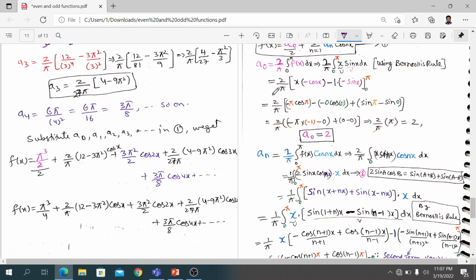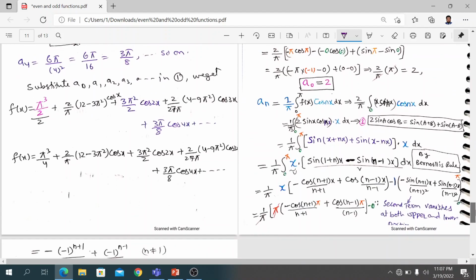Now upper limit minus lower limit: minus pi cos pi minus minus 0 cos 0, plus minus into minus plus sin pi minus sin 0. So 2 by pi times minus pi, what is cos pi? We know it is minus 1. 0 into something is 0, sin 0 is 0, all are 0. So 2 by pi, minus into minus plus, pi, the pis cancel, 2 is the answer. The a naught value is 2.